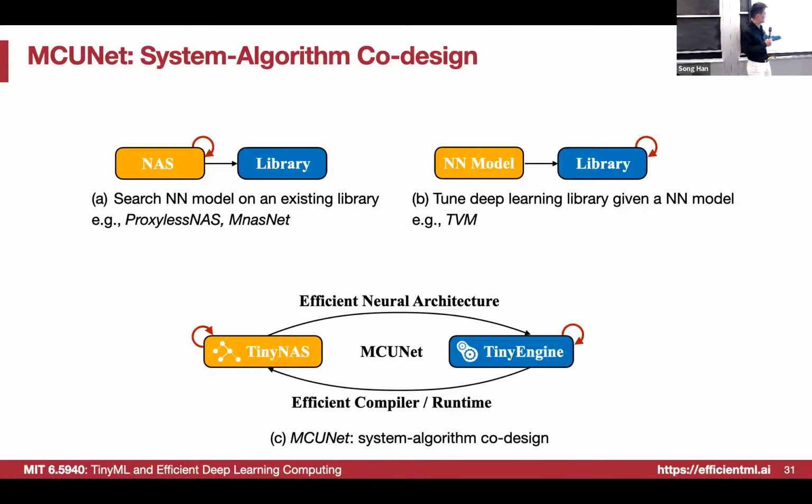Instead, we should co-design the neural architecture search algorithm with the inference engine altogether. So the neural architecture search gives a good neural architecture for the inference engine, which provides a very efficient compiler and a runtime to support such efficient models. So that's the key idea of MCUNet: using system and algorithm co-design.